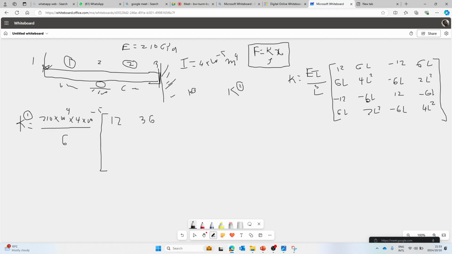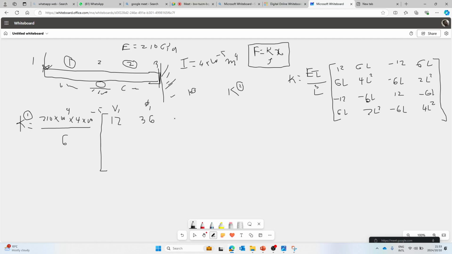Here's how we're going to call this. For each element under the beam, you have the force and the moment. The force is represented by V, and the moment is represented by phi. Because we are between node 1 and 2, we're going to have V1, phi 1.